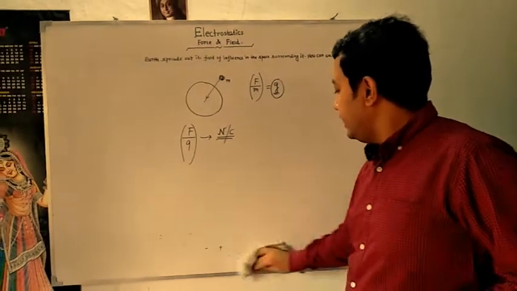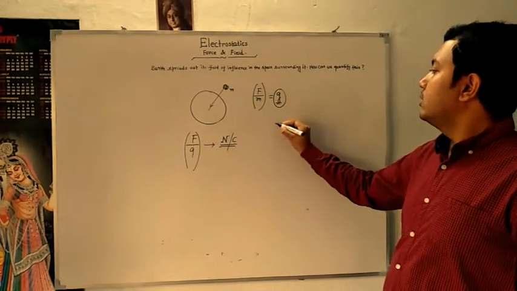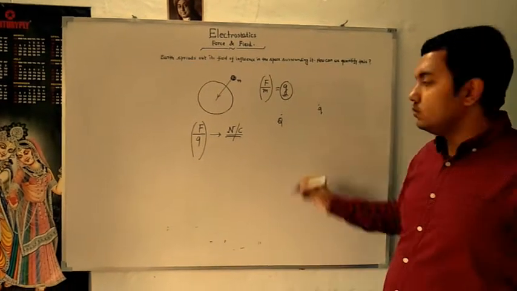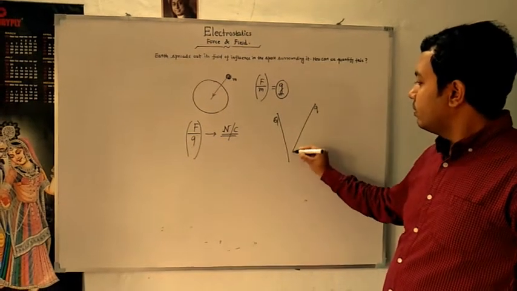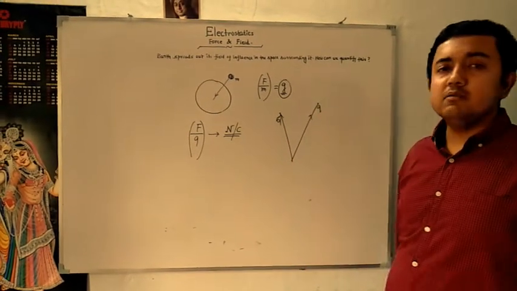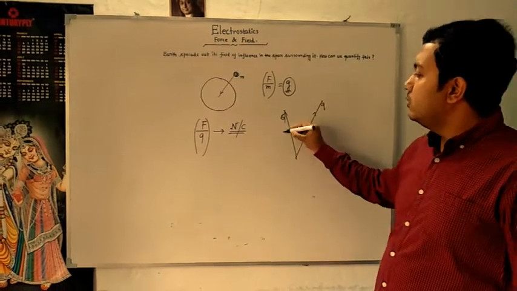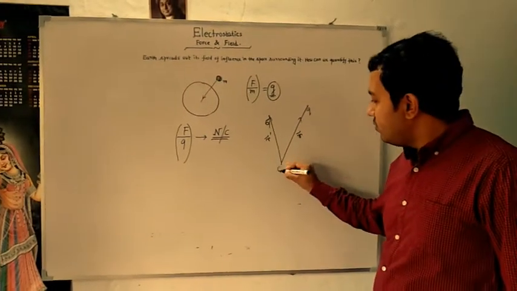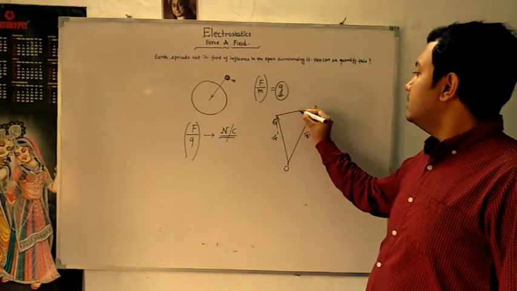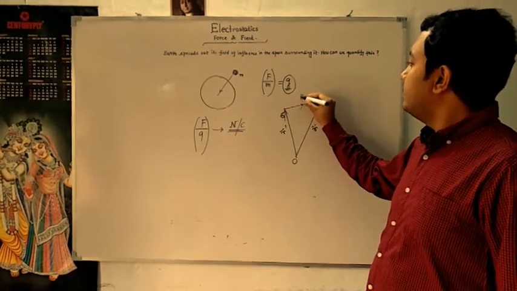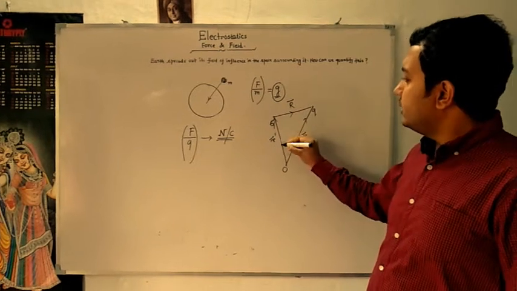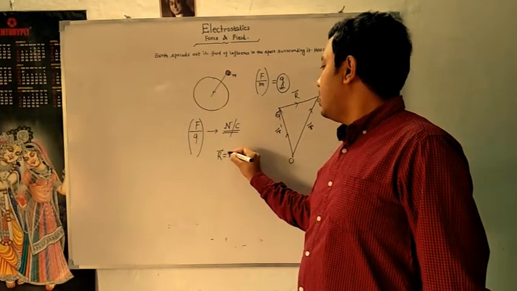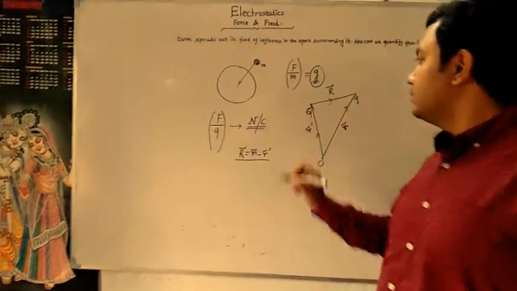To understand properly this fact, we consider a charge capital Q and consider another charge small q. Position vector of capital Q and small q are r dash and r vector from origin O, and the separation between the two charges is capital R. From the relation of vector addition, here we can write capital R vector is equal to r vector minus r prime vector.